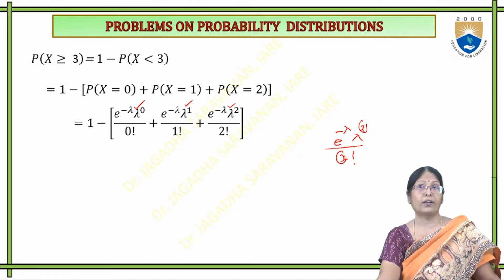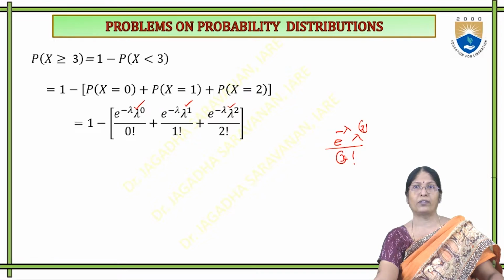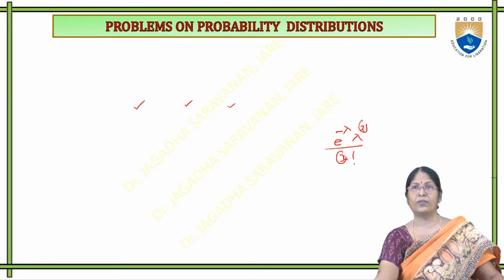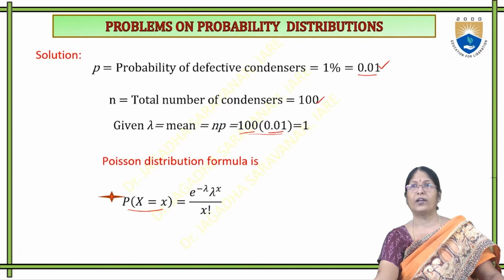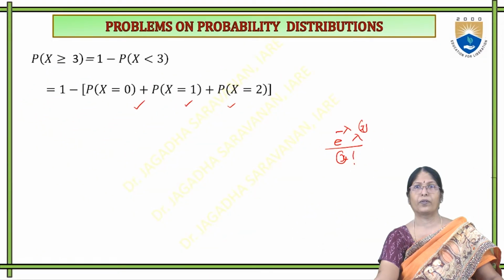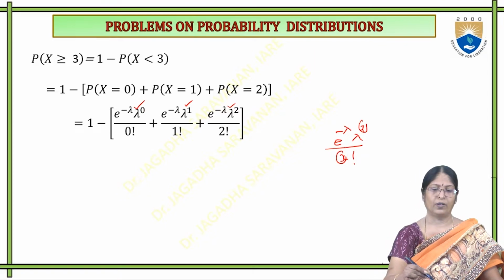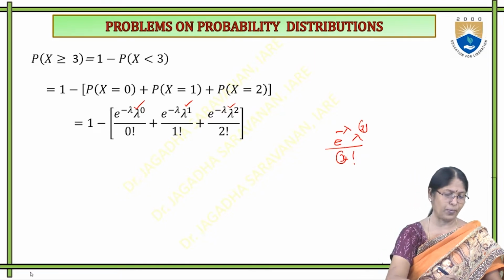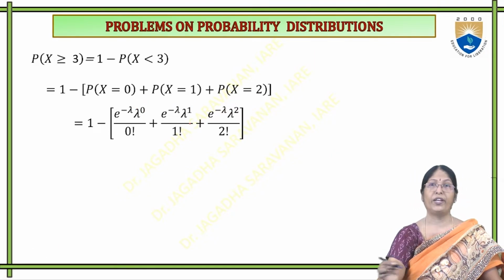Here a question will immediately come: when we substitute the x value, the lambda value we also know, as we derived in the previous slide. The lambda value is 1. To save time, we didn't substitute it.